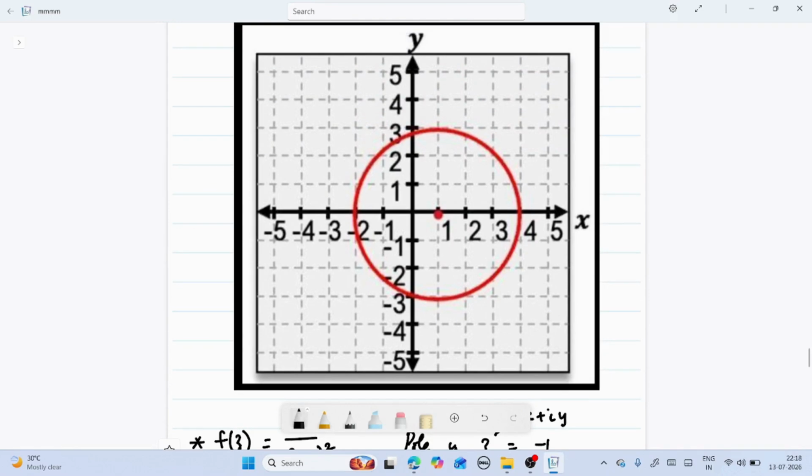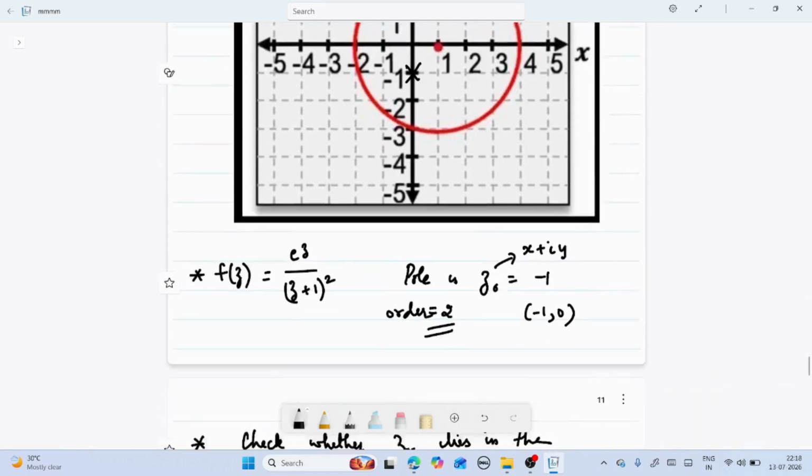In the graph, you can see that (minus 1, 0) is here and it is very well inside the given closed curve C. Only if the singular point, the pole, lies inside the given circle C, we will find the residue. Otherwise, we will not find the residue for that given pole.